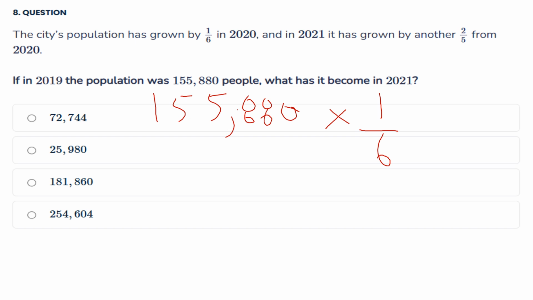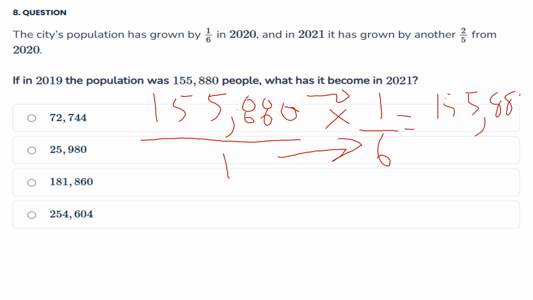The easiest way to turn 155,880 into a fraction is to place a 1 in the denominator. Now we have a fraction, so now we can multiply across. So that gives us 155,880 because 155,880 times 1 is 155,880, and then 1 times 6 is 6.